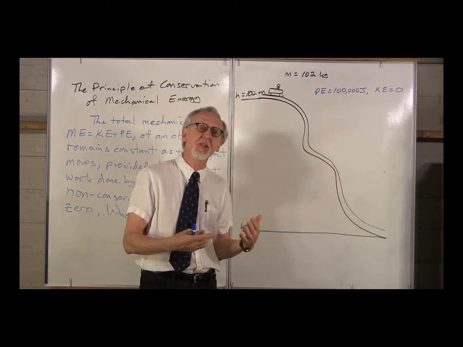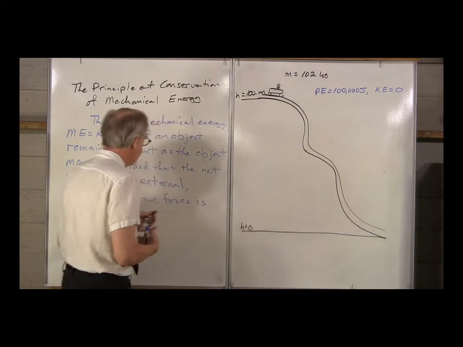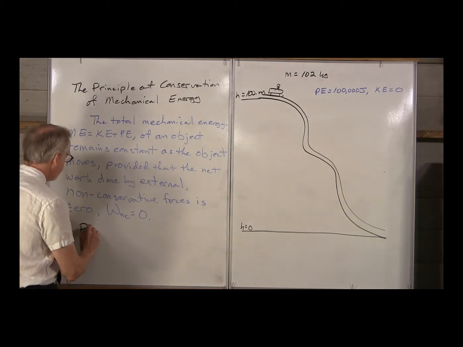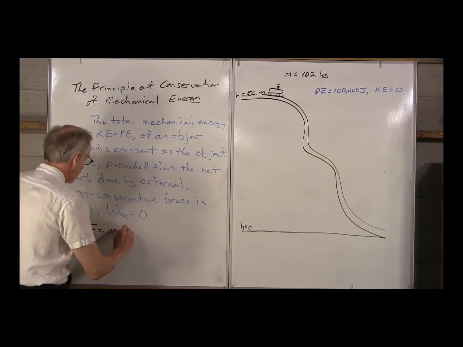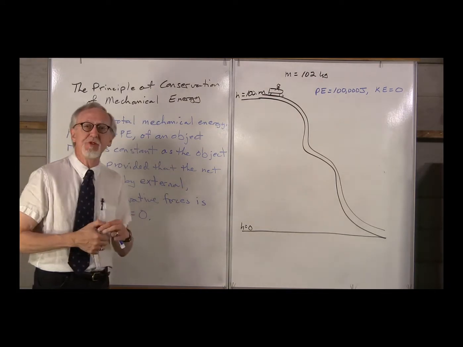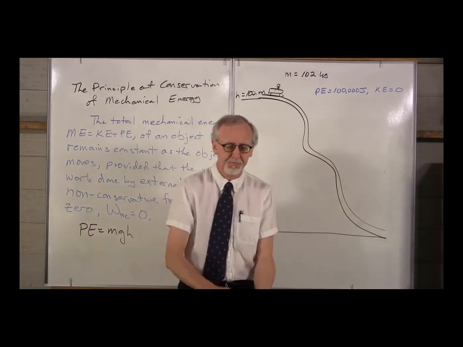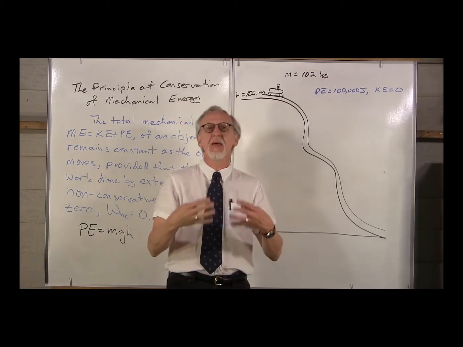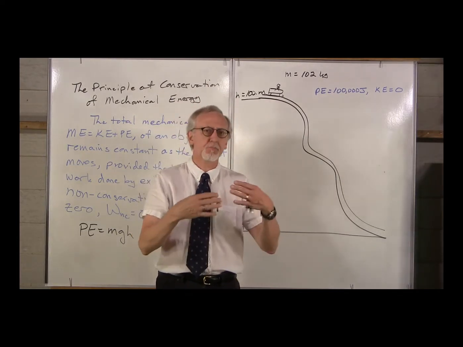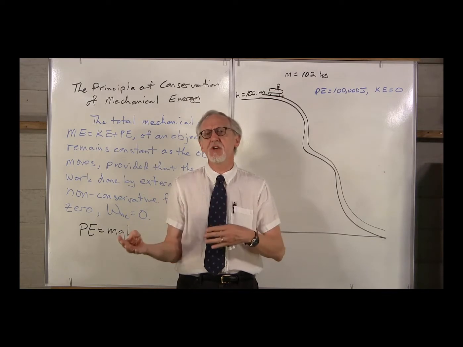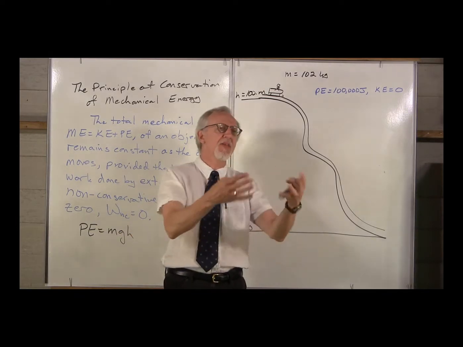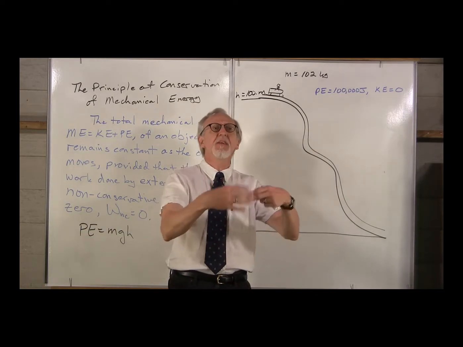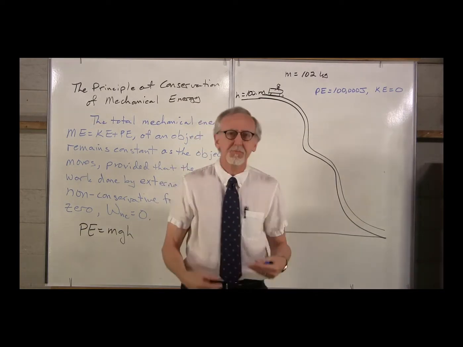Remember, potential energy is mgh. Let me just remind us of that over here. So potential energy is energy that an object has because of its height. It's energy that is stored in the gravitational field. Remember, what does potential mean? If you say, oh, that person has a lot of potential, it means that person has the ability to become something.